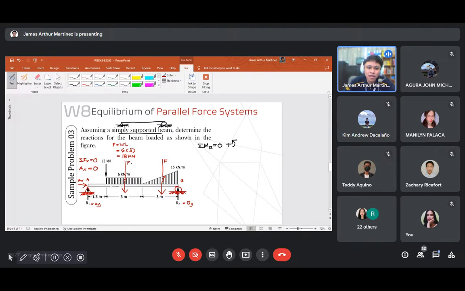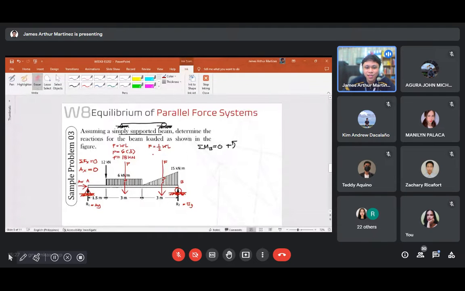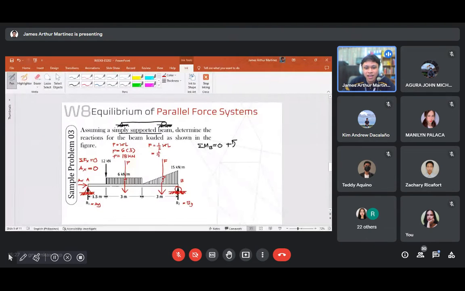Because 6 is kilonewton per meter and 3 is in meters, so the meters cancel out. The resulting unit is in kilonewtons. So how about F? F is just equal to 1 half WL. Substituting, you have 1 half times W, our maximum load is 15, times the span where it is acting, 3 meters again.